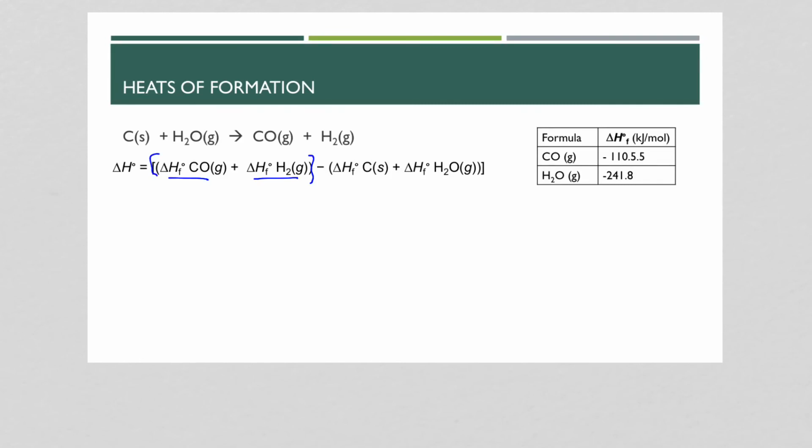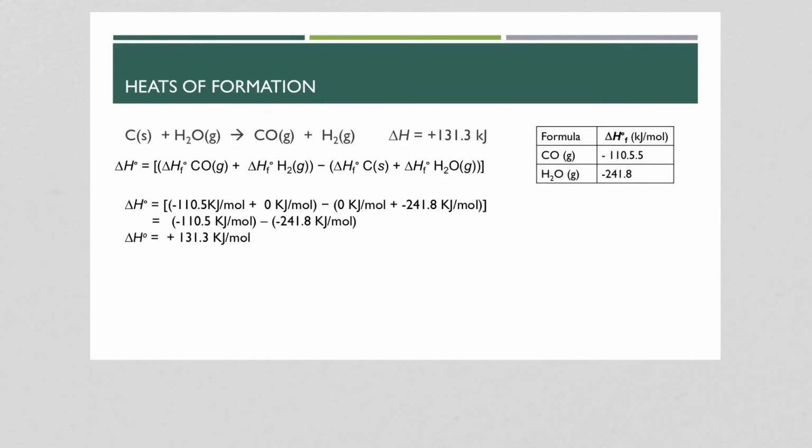We have reactants, which are 1 mole of carbon, 1 mole of water, minus the sum of our reactants. And so we're just going to pull in these values. And I'm going to, again, save myself some writing here. I already have this written out. So we're just going to switch to the next slide and walk through it.